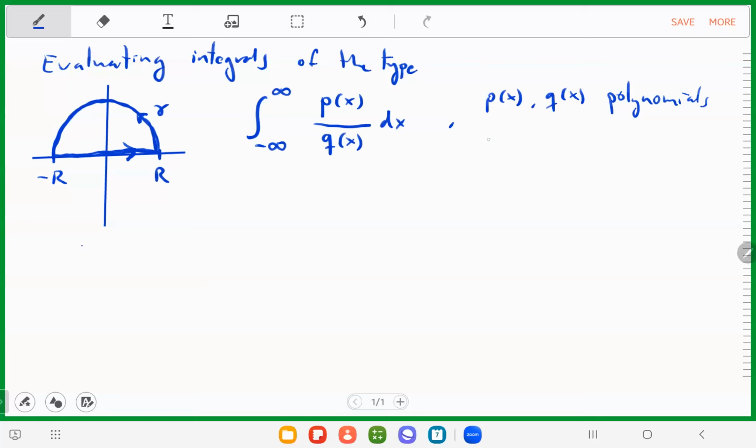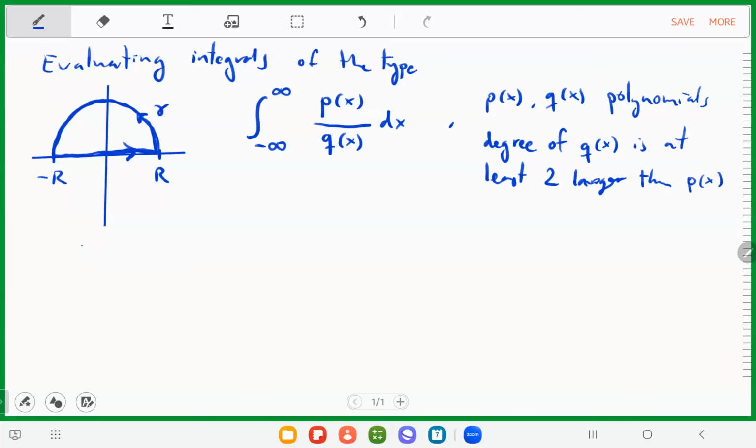So let's say the polynomial degree of Q is at least 2 larger than P. Maybe you are wondering why 2. Okay, we are going to see why.